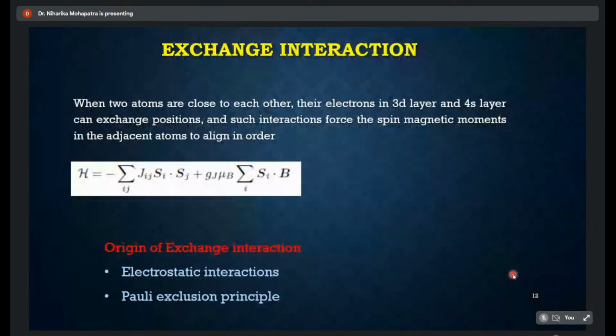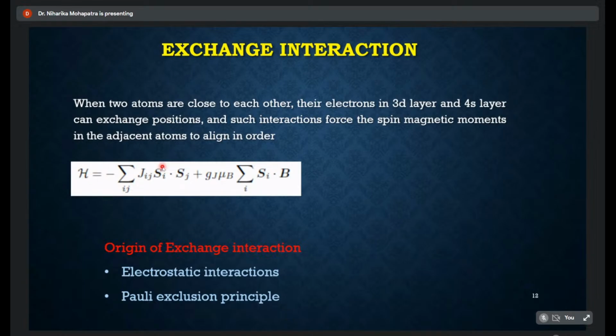So basically, what is the origin of all these different magnetic orders? The origin is basically the exchange interaction that happens between two neighboring atoms or neighboring electrons. We understand the exchange interaction by this particular equation.